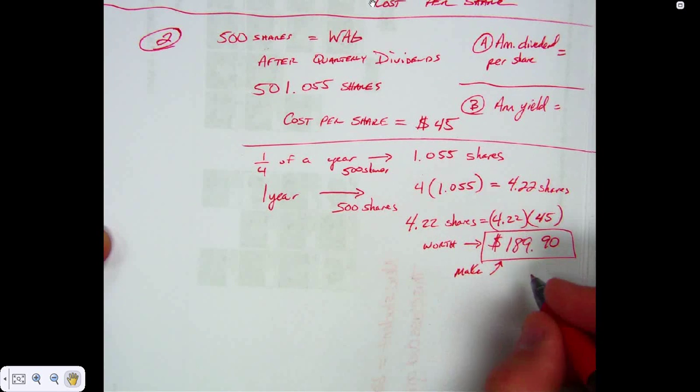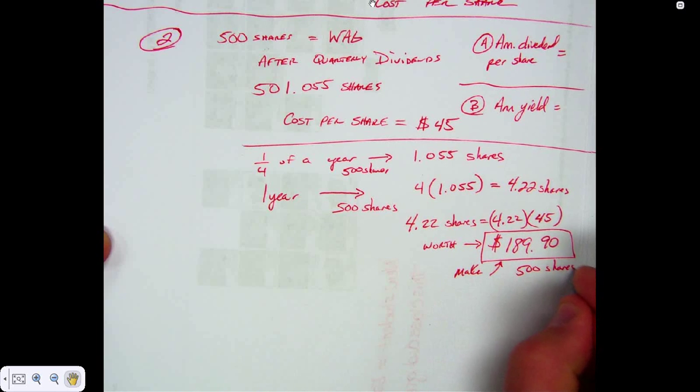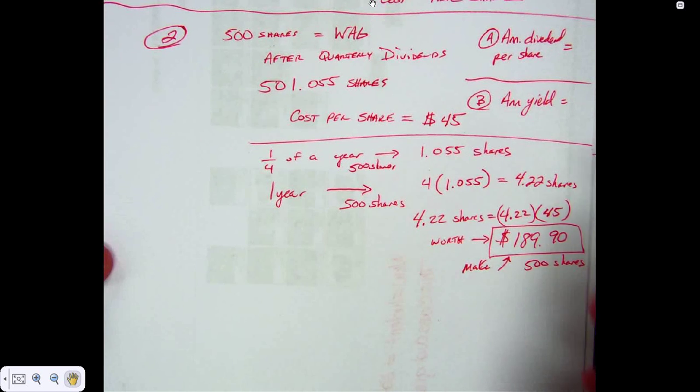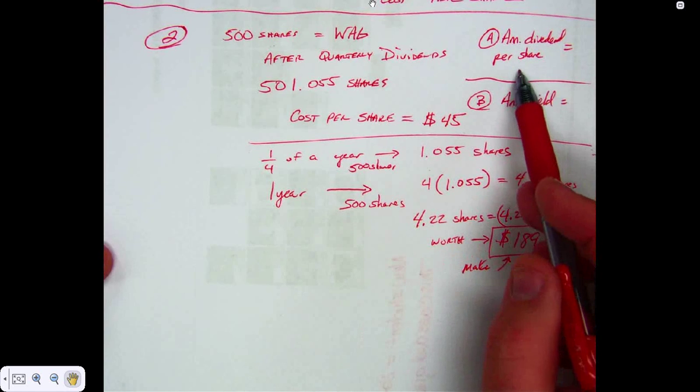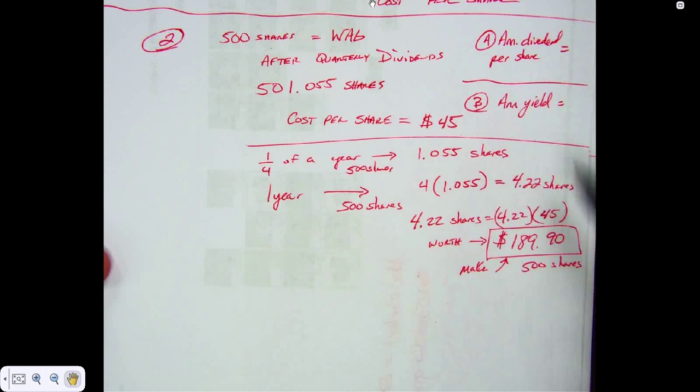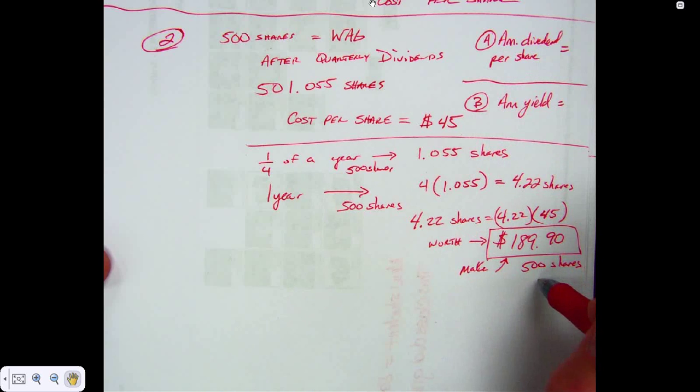So in a year, you are going to make $189.90 on 500 shares. But they want to know annual dividend per what? That's how much you make when you have how many shares?